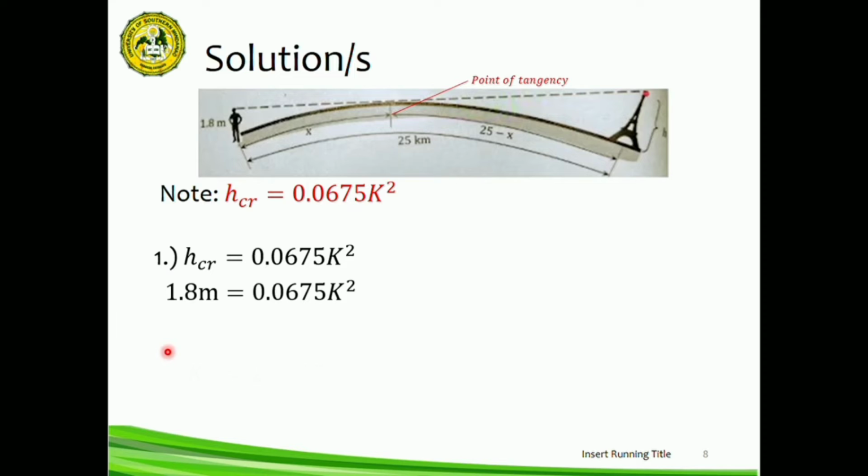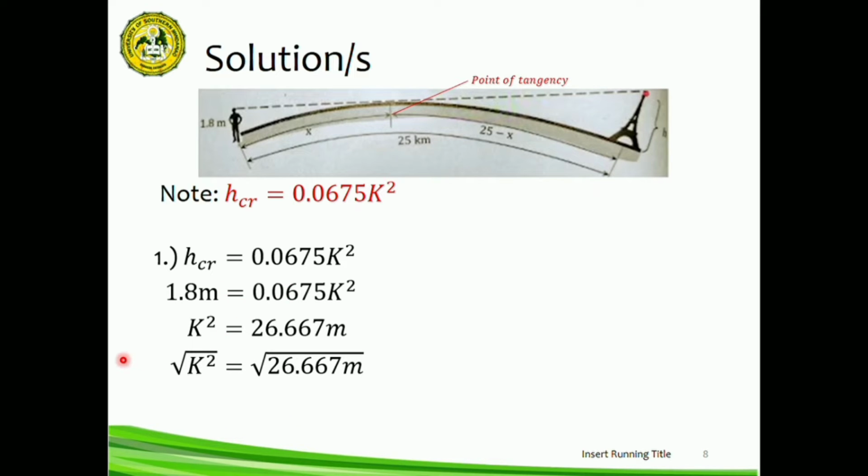So, we have K squared equals to 26.667 meter. So, paano po ito nangyari? We simply divide both sides by 0.0675 para po ma-cancel out natin ito at maging K squared na lang po yung natira. Then, 1.8 meter divided by 0.0675 at naging ganito na po yung kinalabasan.